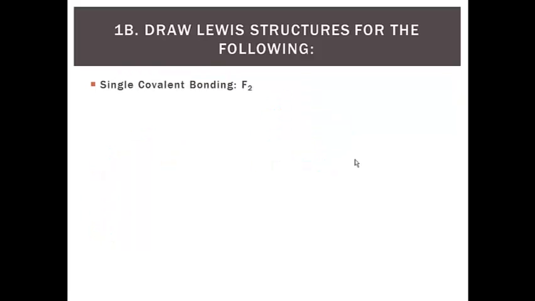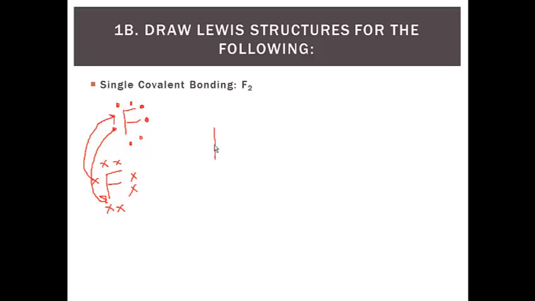Next one gives us an actual covalent bond. So this is a single bond. For fluorine, again, we already figured out that that's 7 valence electrons. This is F2, so I've got 2 fluorines. You can see that there's a hole that we can fill in here.